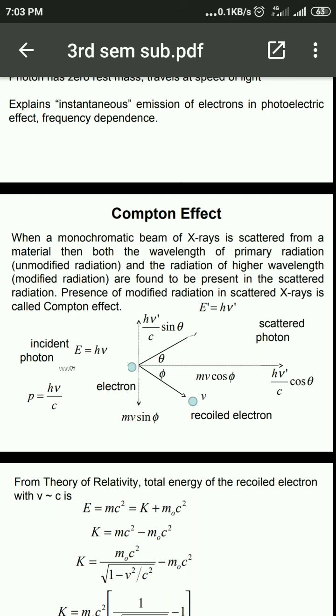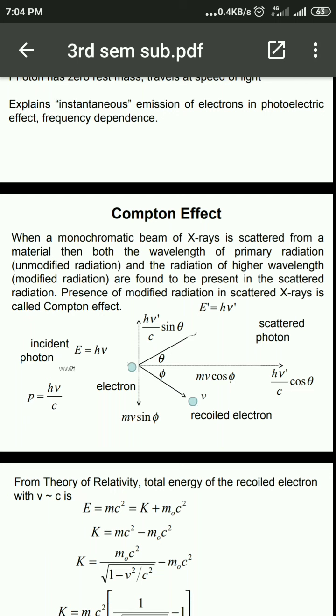Earlier in the photoelectric effect, the light beam is absorbed in the metal surface, and the electron is ejected out from the metal surface, and we are analyzing the electrons there. But here the light beam or X-ray beam is scattered by the electron or a material atom, and we are considering the light beam itself, and the electron or the material atom also.